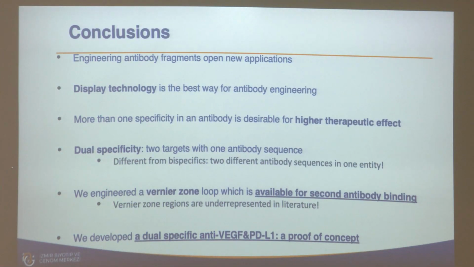And as I said, our antibody is not in the therapeutic range for the PD-L1 binding. It should be at least less than 10 nanomolar KD for the therapeutic range. And also, as I said, bispecifics are coming. Why not dual specifics?